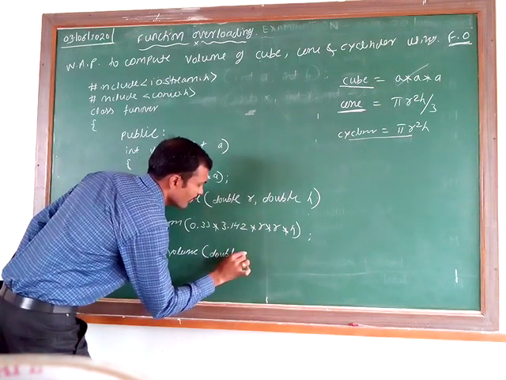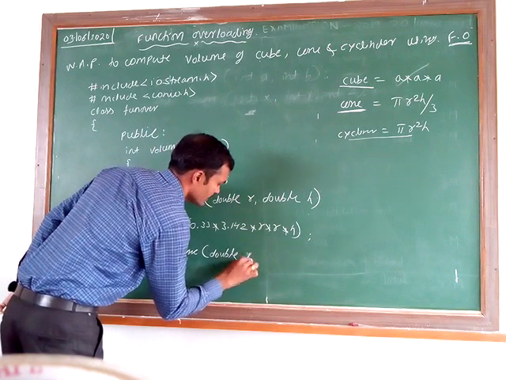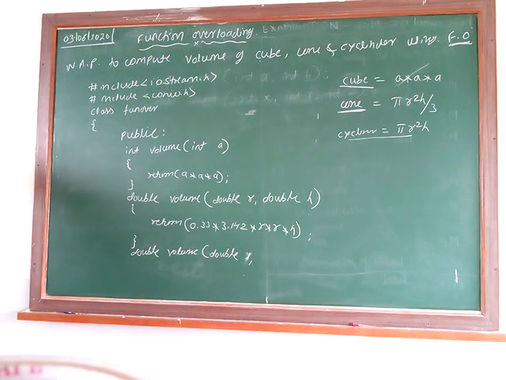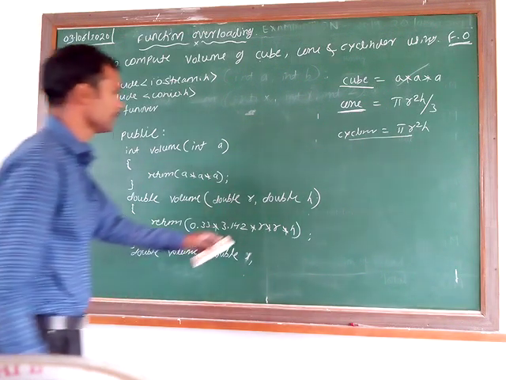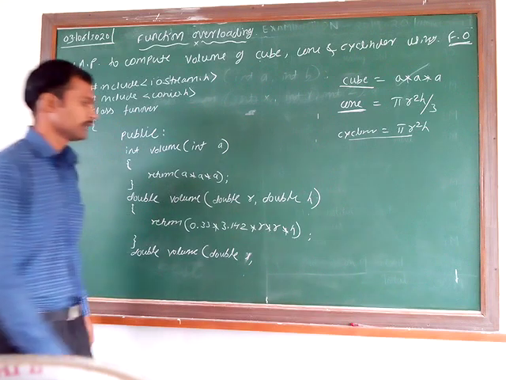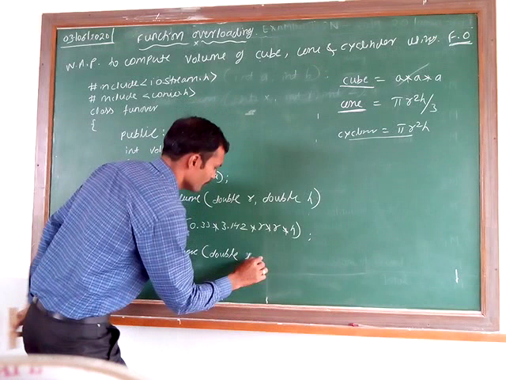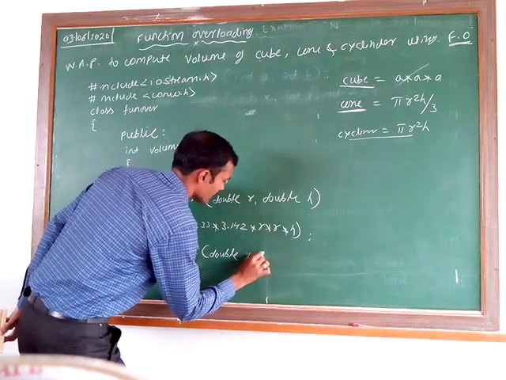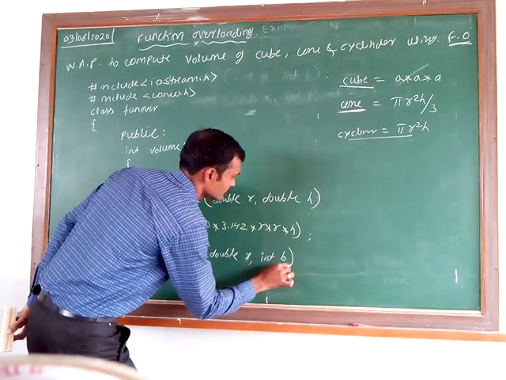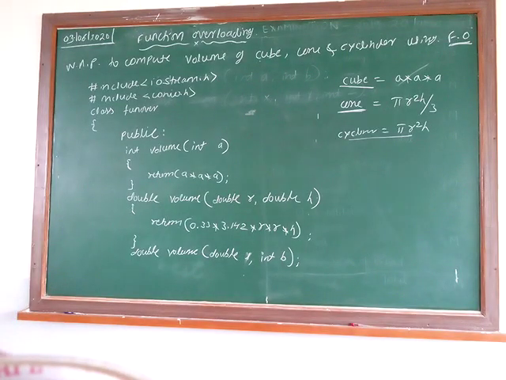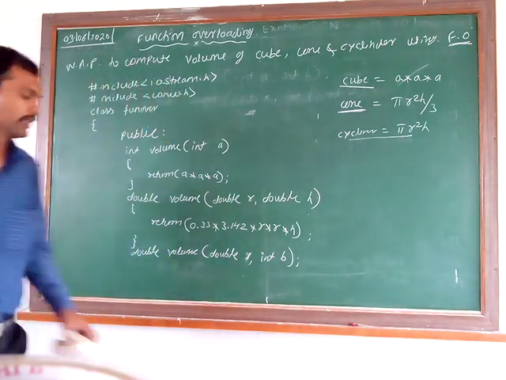I will take l here because I have already used r and h, so I can take different variables. L is one variable, b is also one variable.